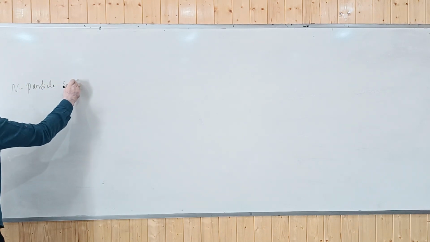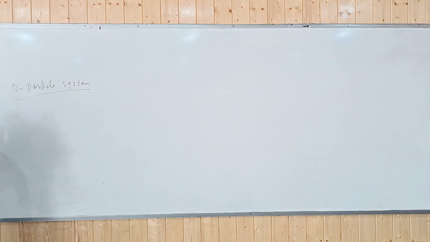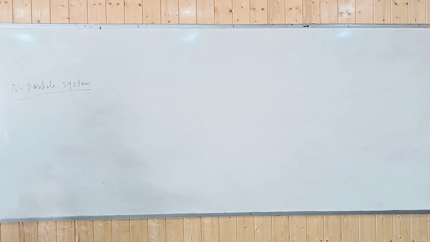You are having now an n particle system. Now I have to define, the way we have defined a permutation operator, a permutation operator for the n particle system. Now let's say you are having n particles at hand. So how many possible permutations will be there? N factorial. Okay? Is that true?